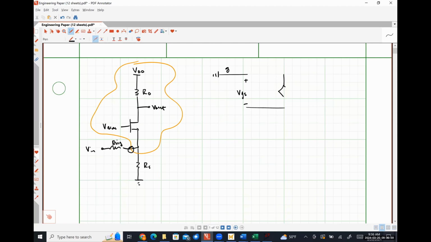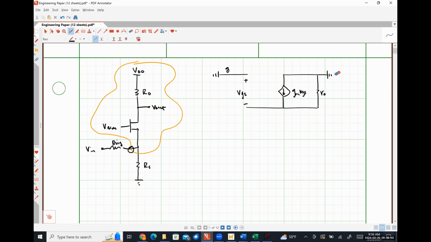Over here, we would have gm VGS. There's r naught. Our drain is actually not grounded.